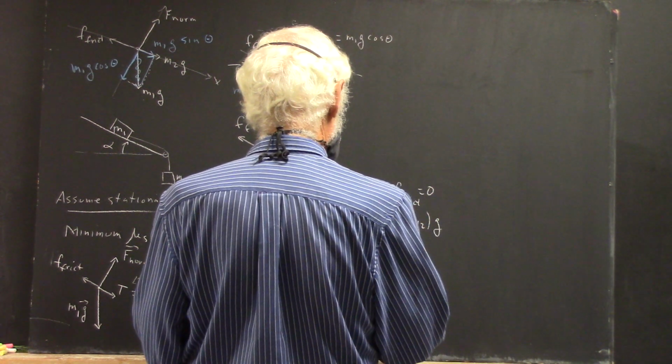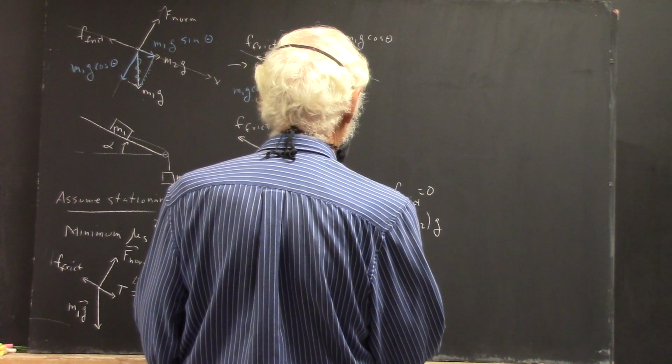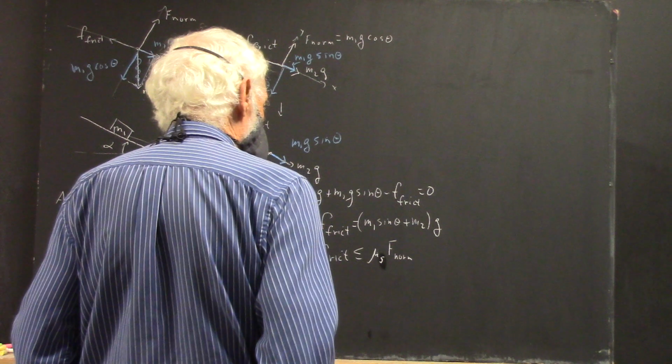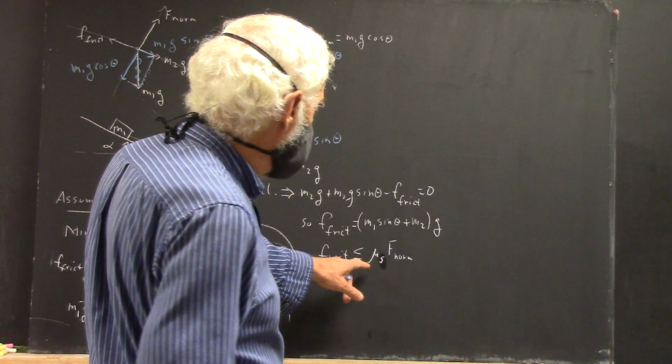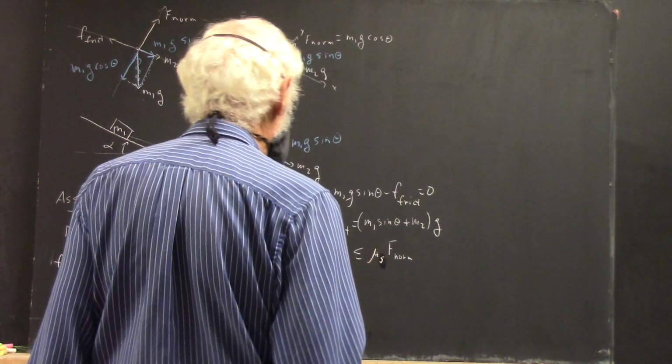S's and 2's have similar squiggliness, but not really. And here I'm writing a 2 again, but I'll change that to s. Mu s times F normal.